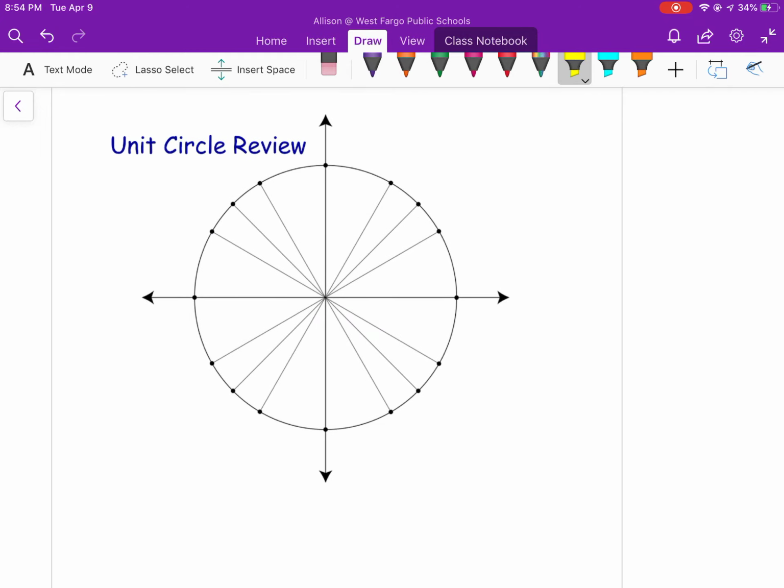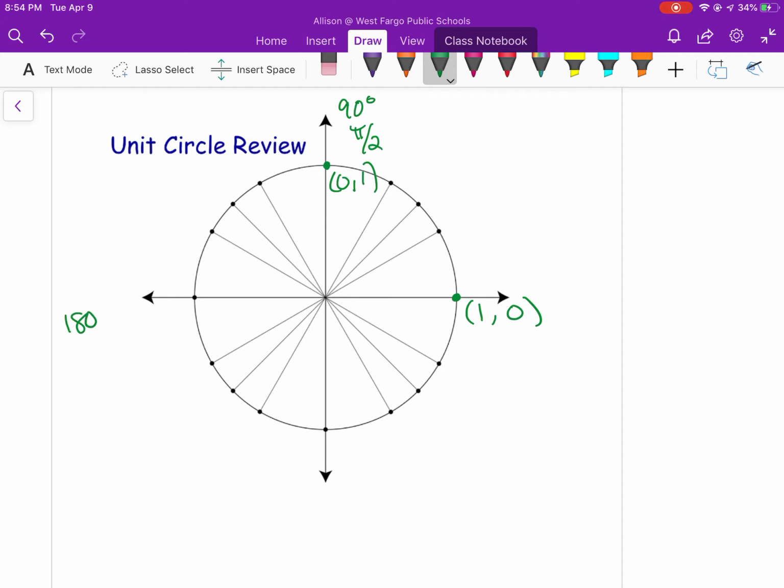I want to focus just on the main 4 points of the unit circle and remind you of some key things. The unit circle makes a full 360 degrees. At 0 degrees, you have the point 1, 0. At 90 degrees, or pi over 2 in radians, you have the point 0, 1.